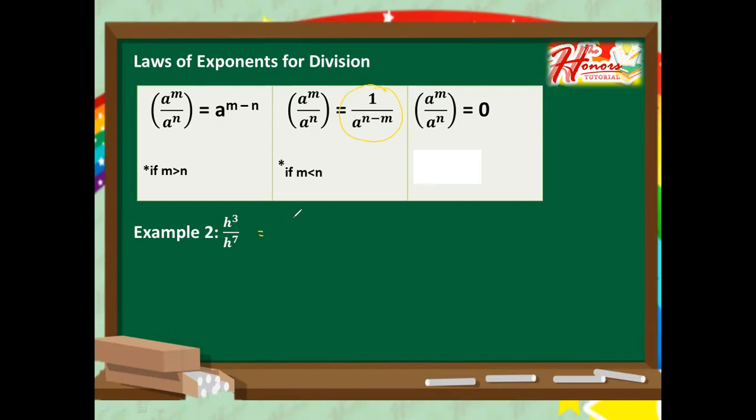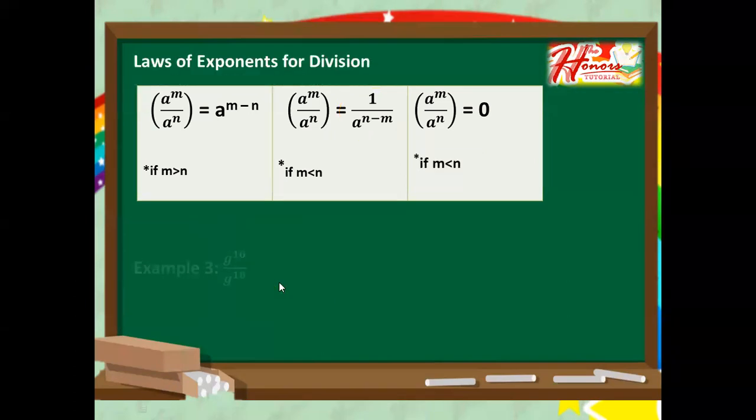Change it into a fraction. So write 1 in your numerator and then write h, your base, and then write 7 minus 3. So 1 over h raised to 7 minus 3, that's 4. So this is the answer, 1 over h raised to 4, for number 2.